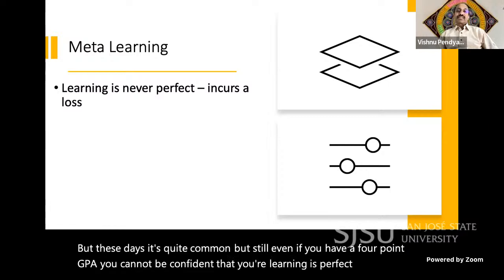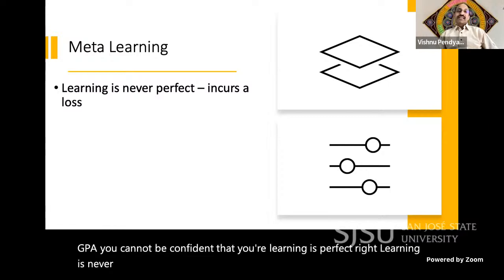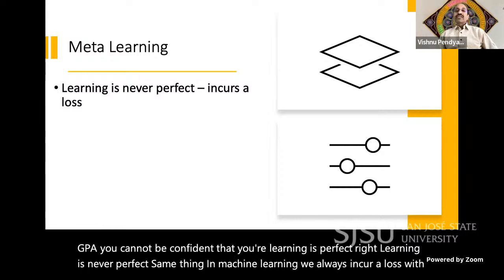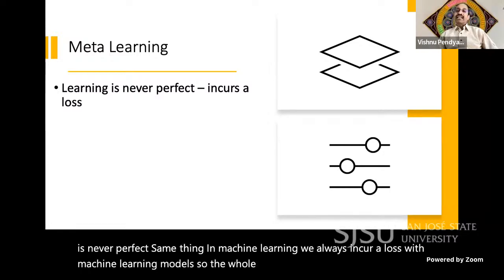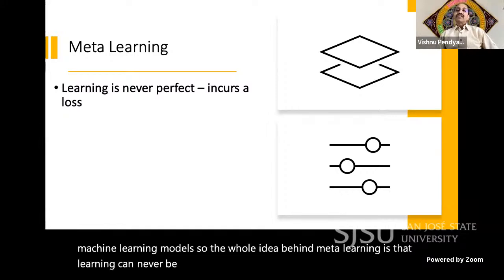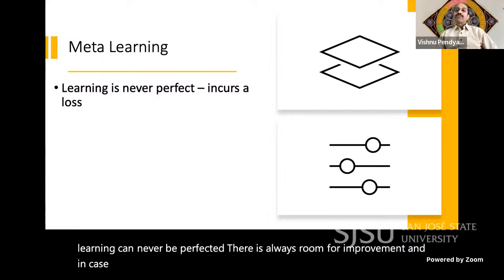Learning is never perfect. Same thing in machine learning. We always incur a loss with machine learning models. So the whole idea behind meta learning is that learning can never be perfected. There is always room for improvement. And in case of meta learning, the room for improvement is in layers, right?